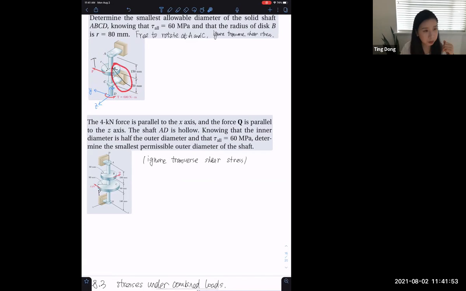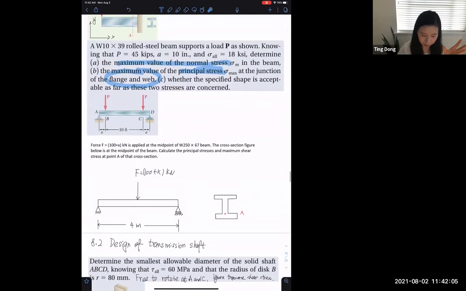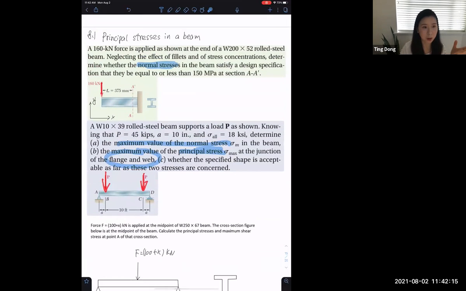This force can generate transverse shear, but for this section, because we want to separate everything, we ignore the transverse shear, and it generates bending. Same thing here: whenever there's a force applied to the beam that is perpendicular to the axial direction, or has a component perpendicular to the axial direction, it will cause bending.